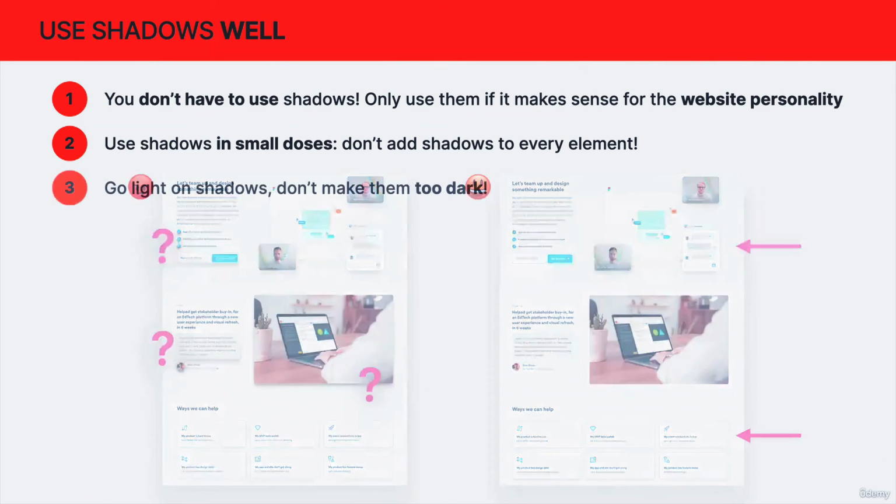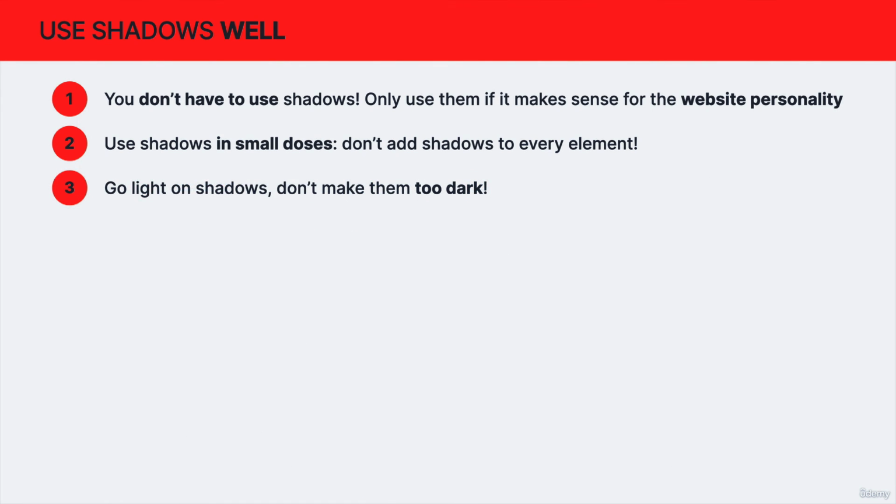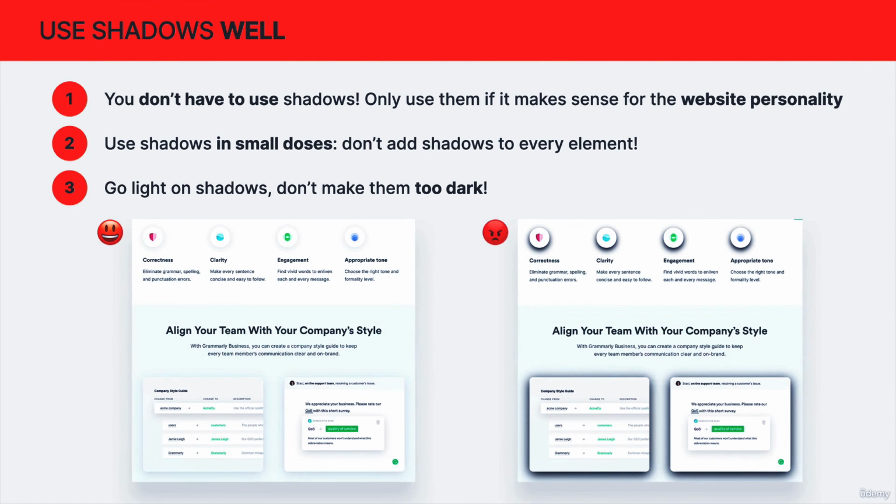And the second one is that you must go light on shadows and not make them too dark. Because like you see here on this right example, that makes the design look kind of bad, really. There is not another word that I could think of there. It really just looks bad and unnatural too. So dark shadows like these look very unnatural because they actually don't exist in the real world.